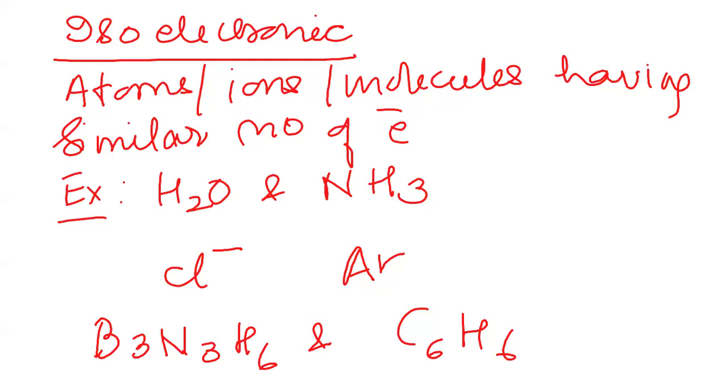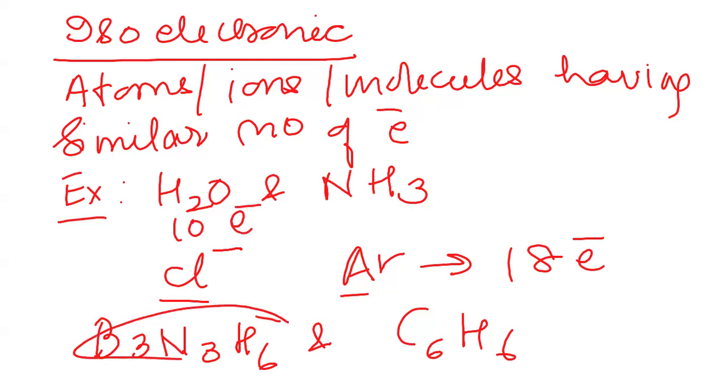Okay, fine. Now tell this one. For fluoride ion and argon, I got 18. Correct. And for H2O and NH3, I got 10 electrons each. Perfect. This one is wrong, son. Do it again.